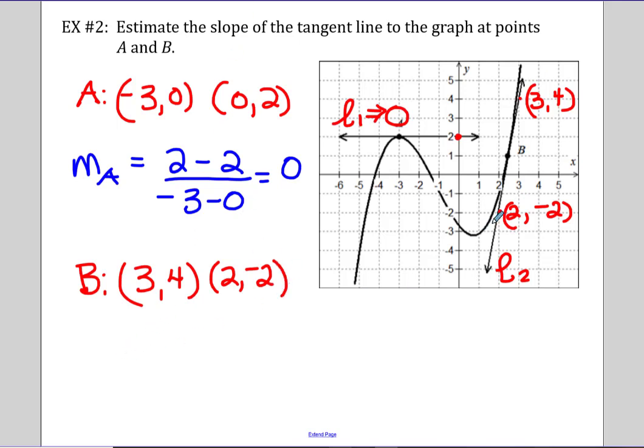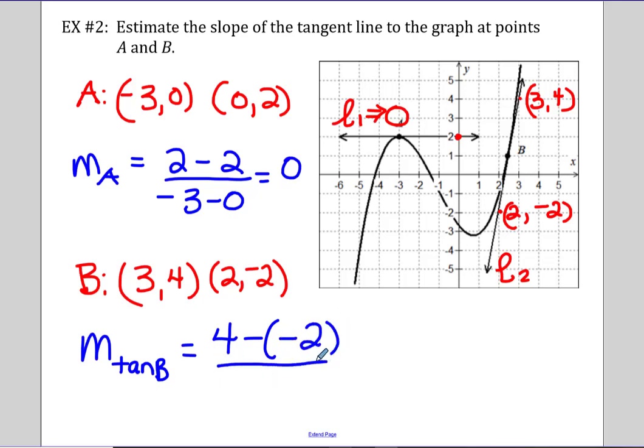We don't know for sure, but it appears that would work. Then the slope of the tangent line at point B could be 4 minus negative 2 divided by 3 minus 2. So that tangent line has a slope of 6 at point B. The derivative at point B appears to be 6, the slope of the tangent line.